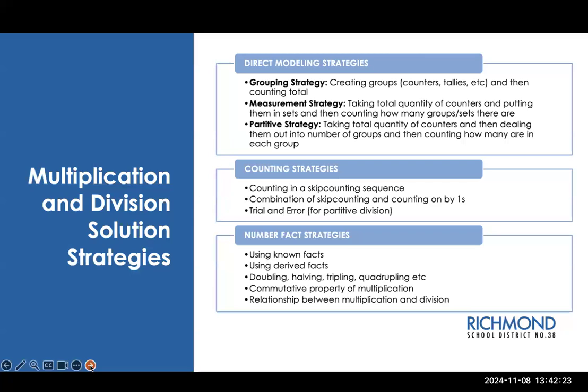The commutative property of multiplication: if you know 3 times 5, then you know 5 times 3, and students can use that as they're solving problems. And then again, that relationship between multiplication and division: if you know your multiplication facts, that can help you with a division type question.